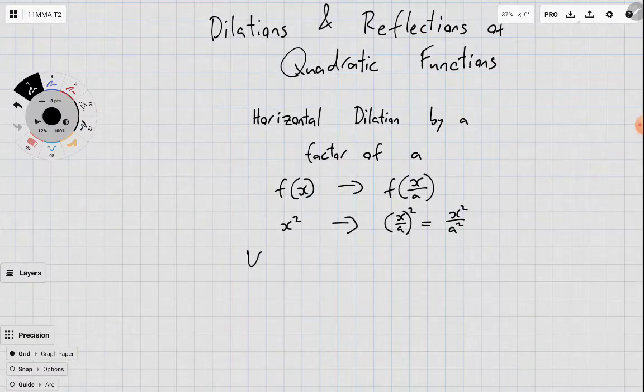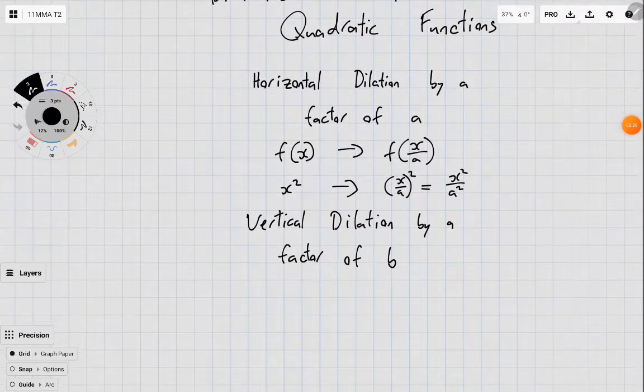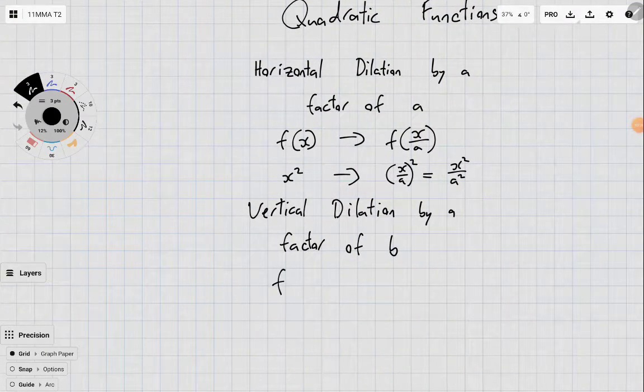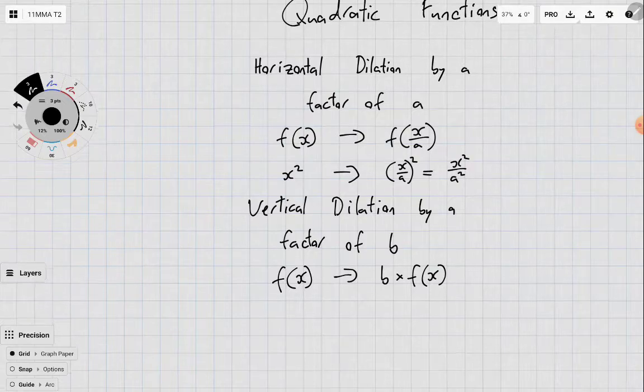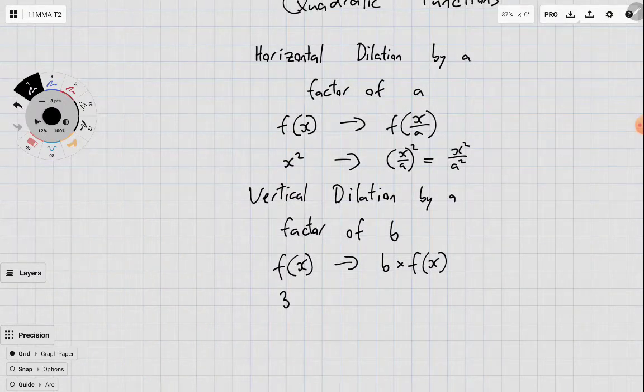Let's do vertical dilation by a factor of b. Alrighty. So for a vertical dilation, f of x becomes b times f of x. Okay? So if our function was 3x minus 2x squared, then it would become 3x minus 2x squared, multiplied by b.